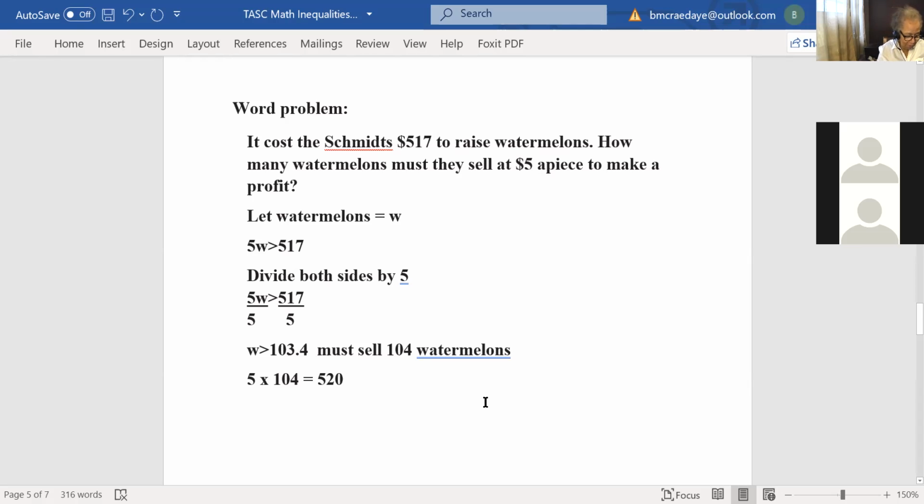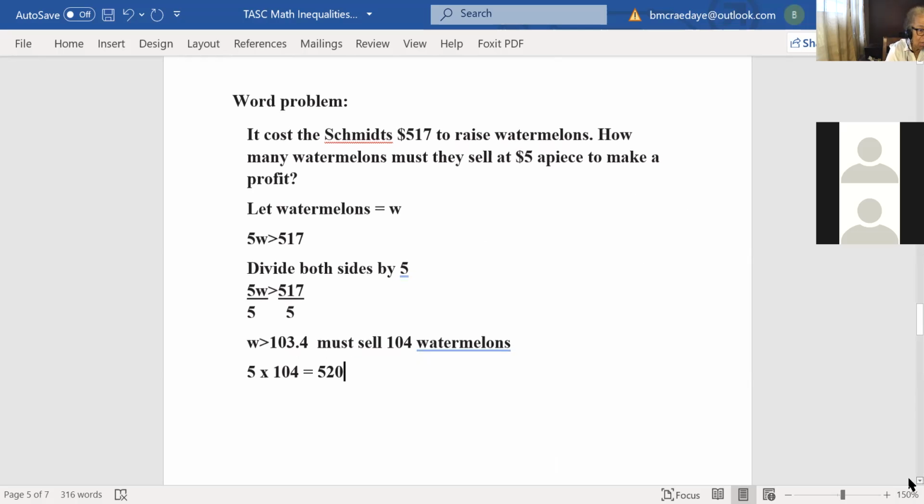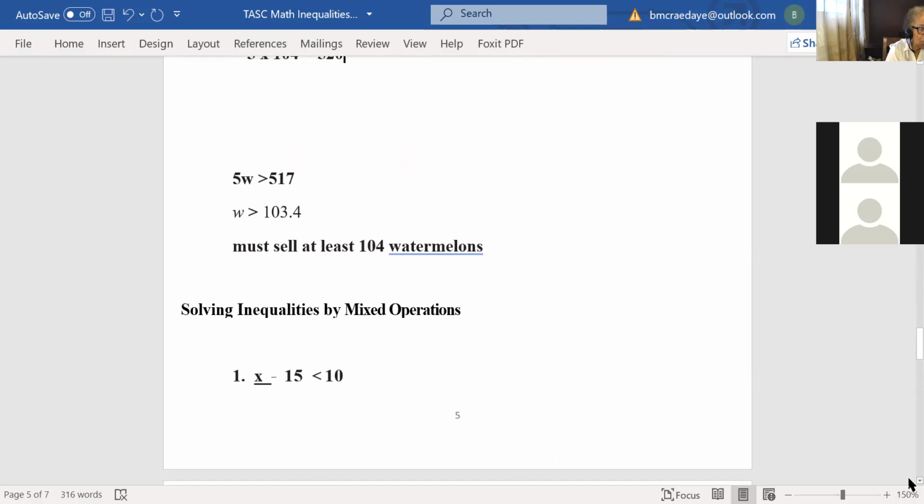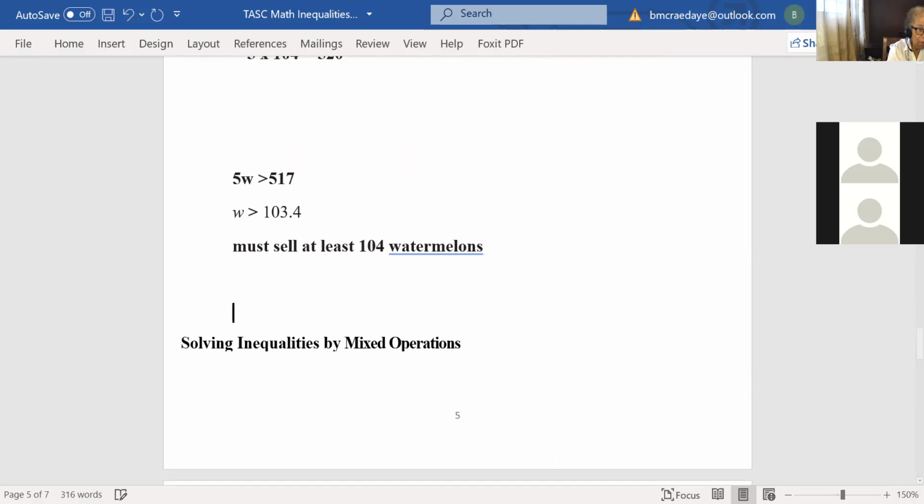Okay. Now, I think that's gonna do it for the inequality. I think that's all the problems. Oh no, we have mixed operations. Now we did adding, subtracting, multiplying, division.